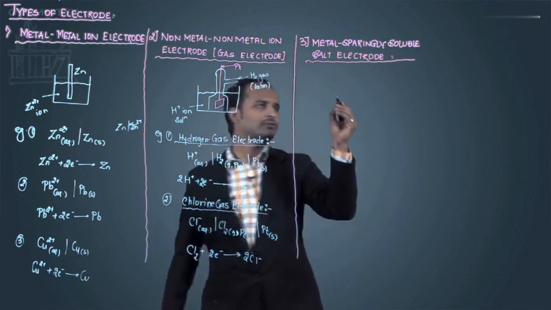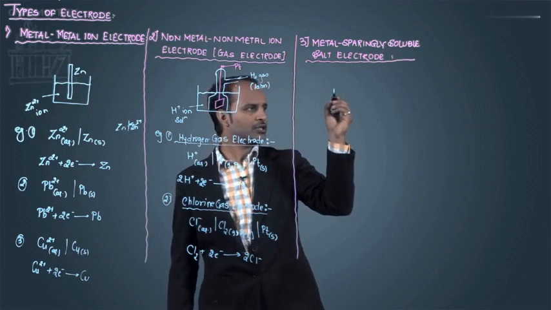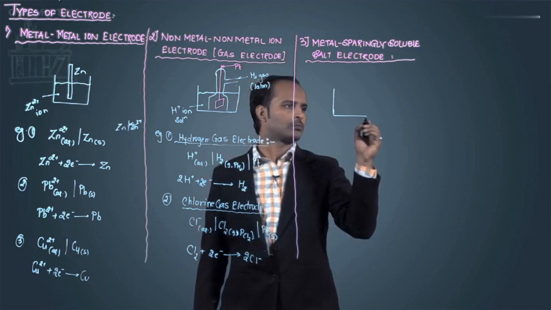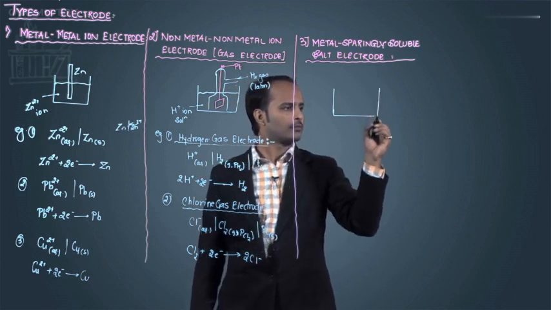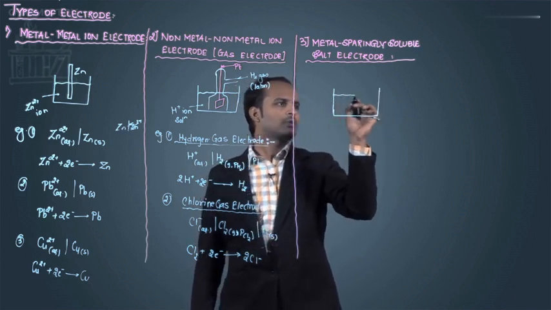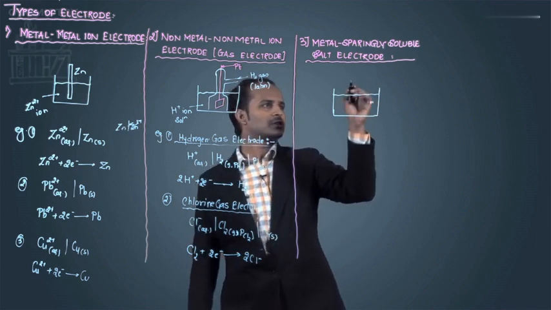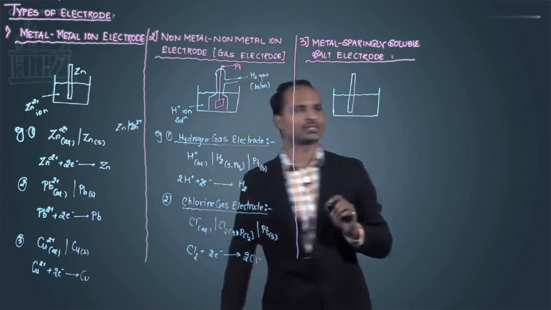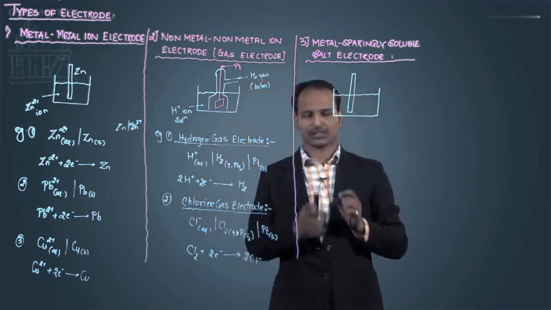Now let's see how it works or how it is arranged. For the metal sparingly soluble salt electrode, we consider an electrode. I'm considering here the silver electrode, which is placed inside this.